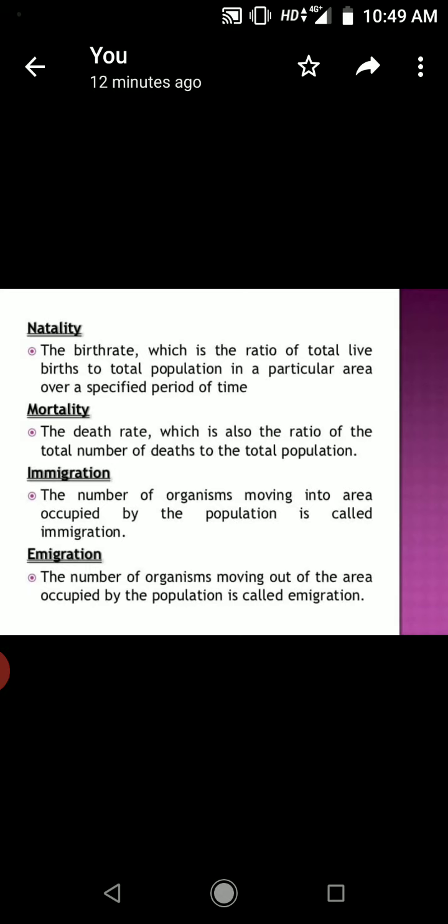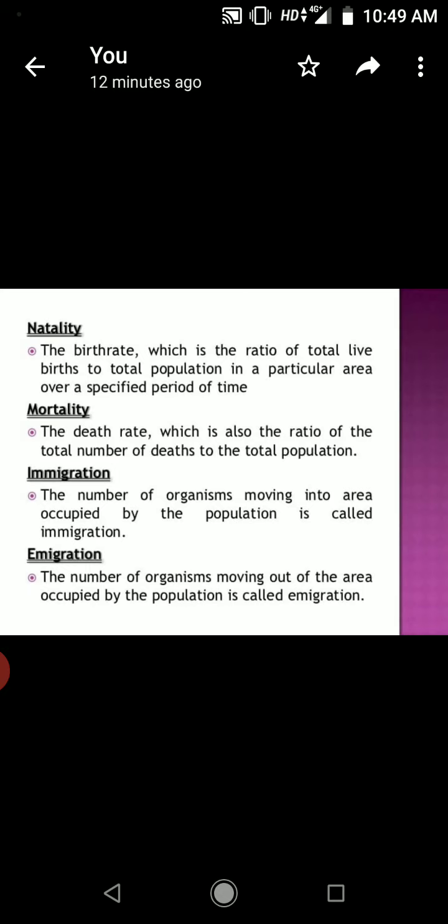So what is mortality then? The death rate, which is also the ratio of the total number of deaths to the total population. So remember, the birth rate is called natality and the death rate is called mortality.